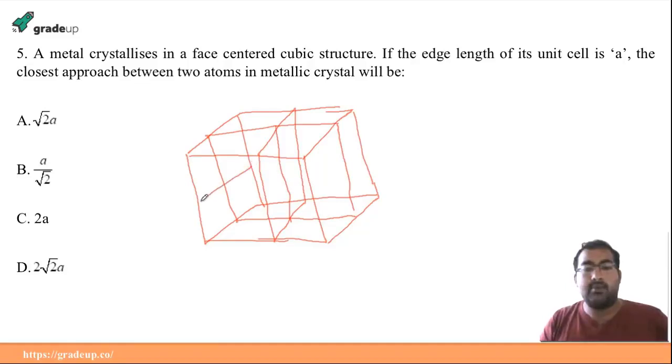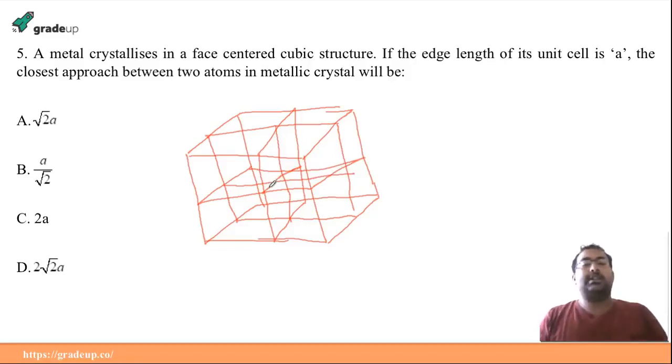One more plane I need to draw. Okay, looks okay, not good but not bad as well. So this is a face-centered cubic. You have an atom here, and then you have FCC, so you have atoms at the face centers as well, and you have atoms at the corners, at the vertices also.